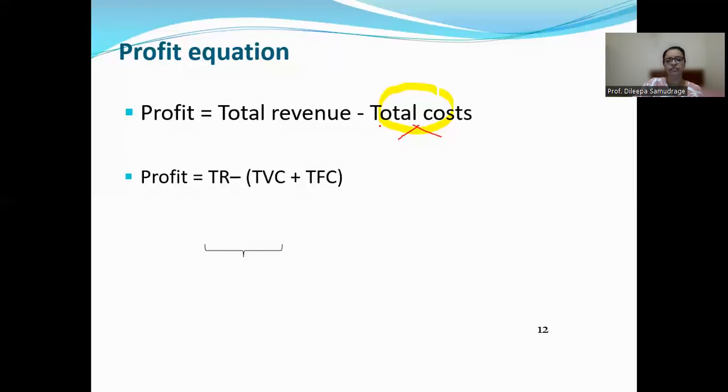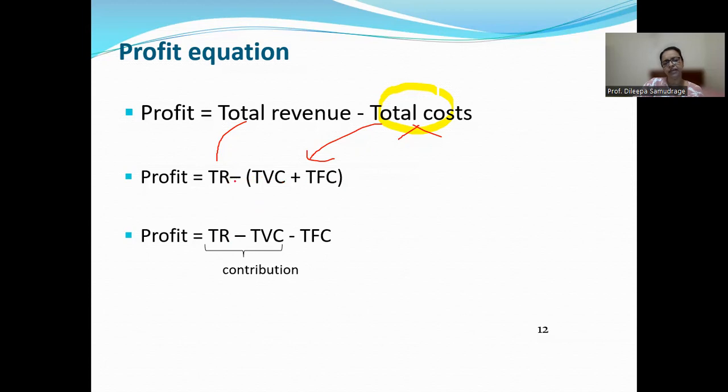So total revenue is TR, and this total cost we can write as total variable cost plus total fixed cost. What you do next is multiply these two figures by minus, and you get TR minus TVC minus TFC.